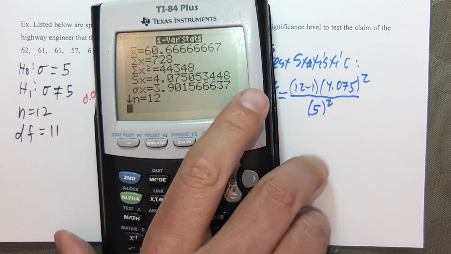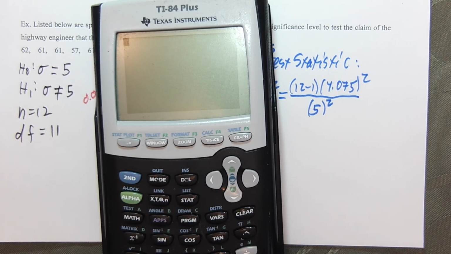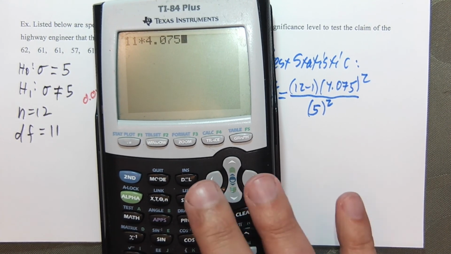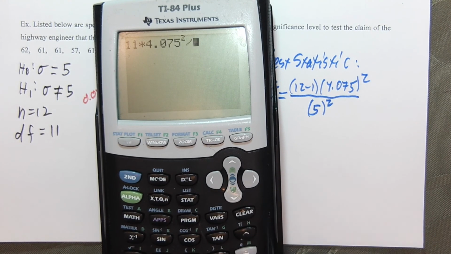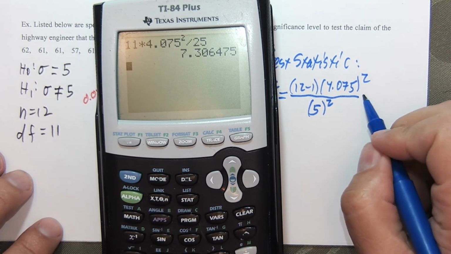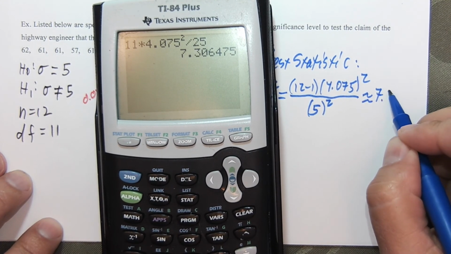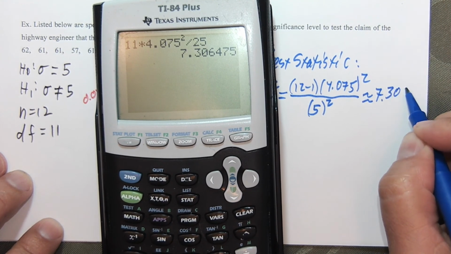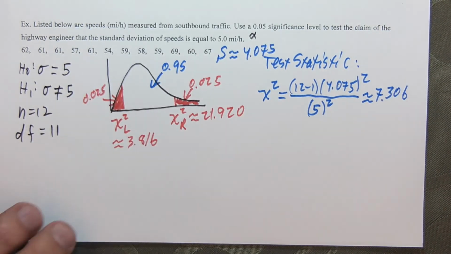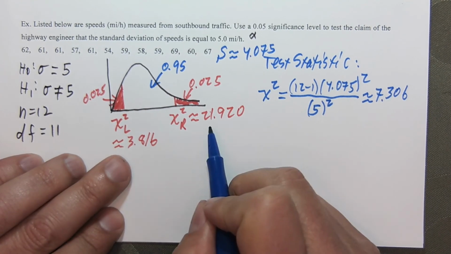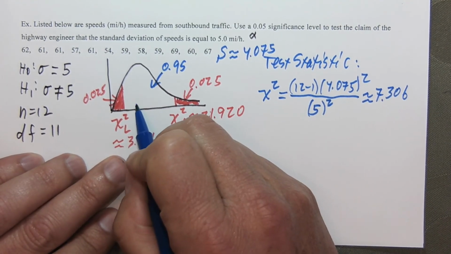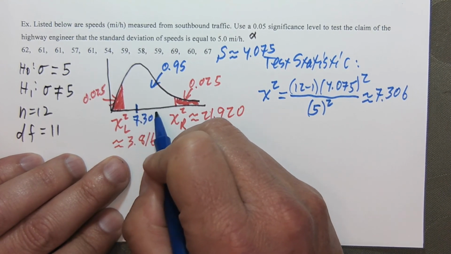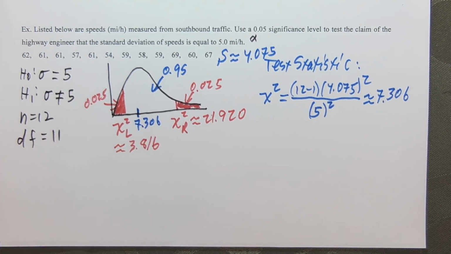And putting it all together, that's 11 times 4.075 squared divided by 25, that's 5 squared, gives me about 7.306. Which you can see is definitely between these two here. So 7.306 means we are going to fail to reject the null hypothesis.